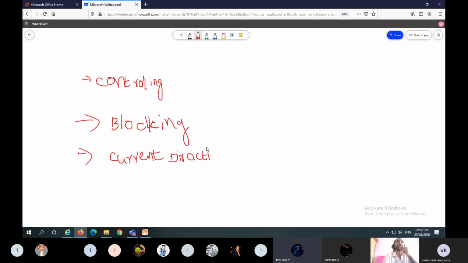Based on direction of current flow, power semiconductor devices are classified into unidirectional and bidirectional.